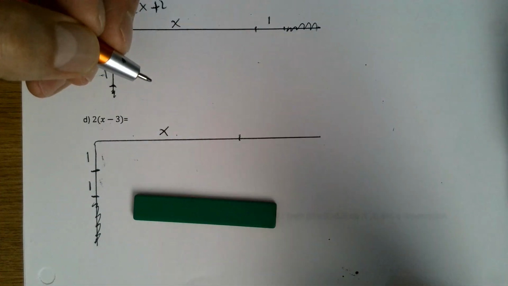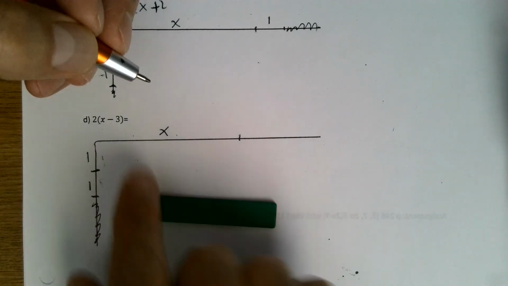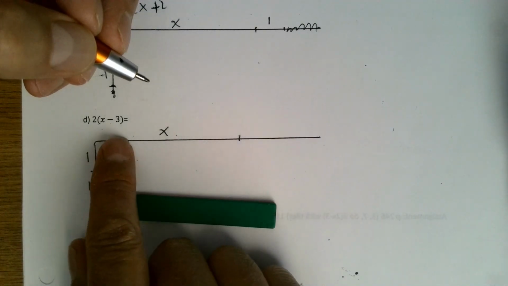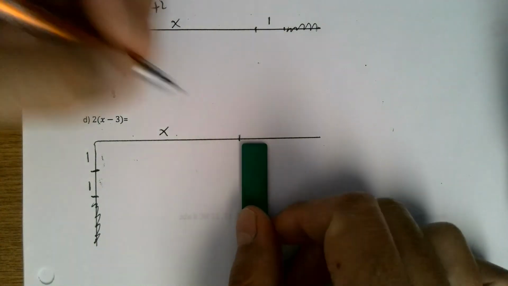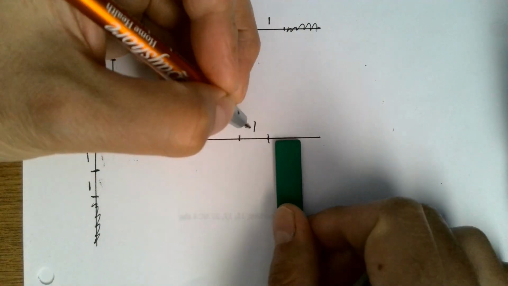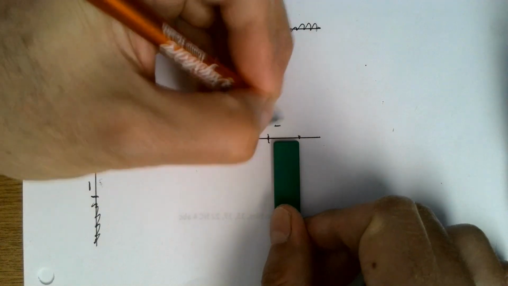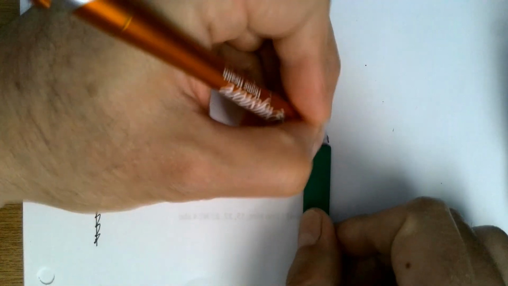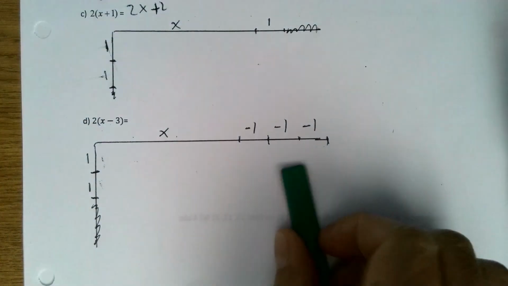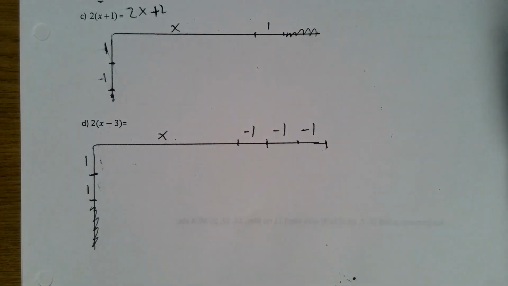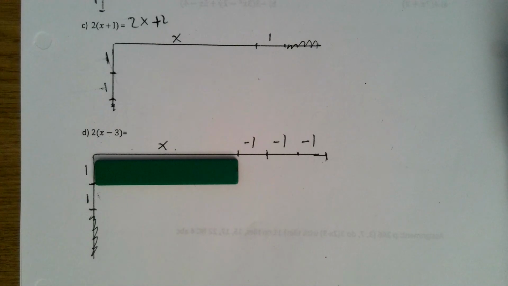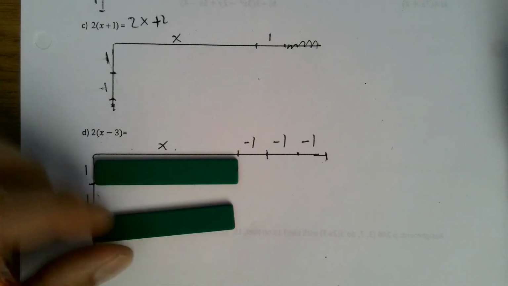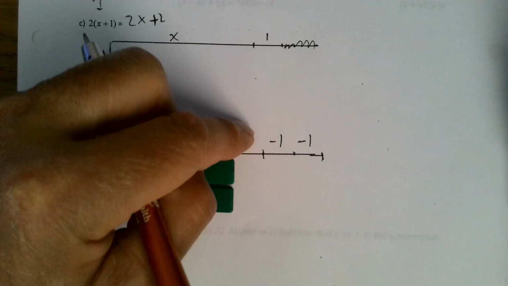Well, we want to remember that we can think about this as the same as x plus negative 3. Which means I can put a negative 3 over here. So I'm going to go negative 1, negative 1, and negative 1. There we go. And again, length times width, 1 times x, x, 1 times x, x, 1 times negative 1.